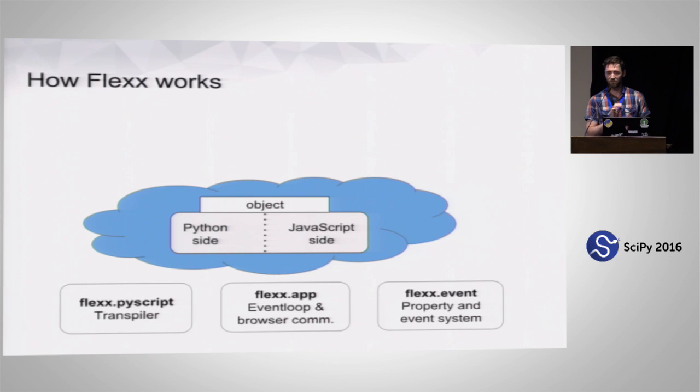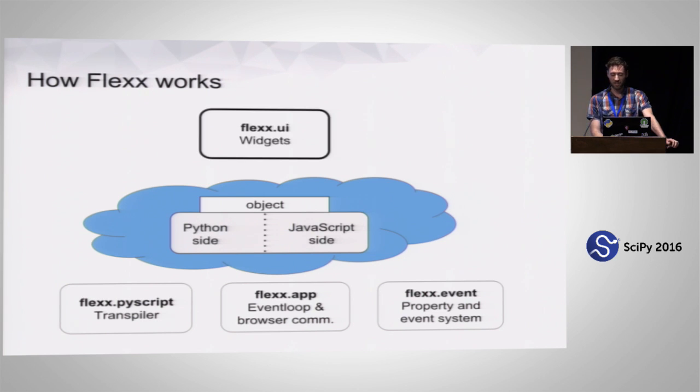You can define the Python side behavior and the JavaScript behavior in a single class written in Python. You can also define properties on that class which exist on both ends, and these are automatically synchronized, and events are transparently communicated between Python and JavaScript. This is a very powerful concept, and we have created a bunch of widgets on top of this.